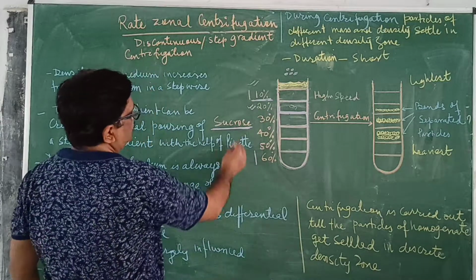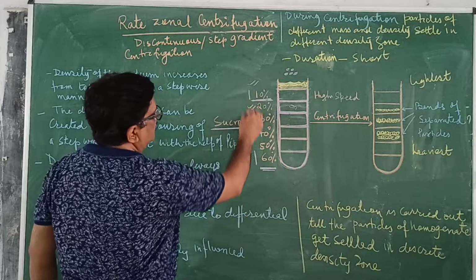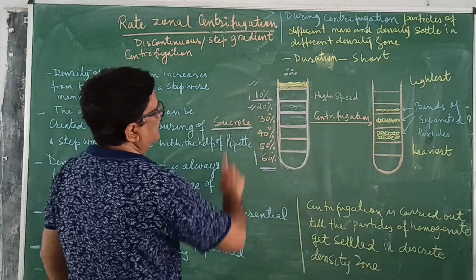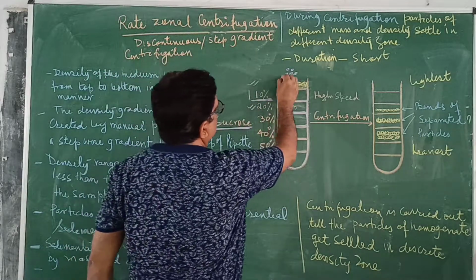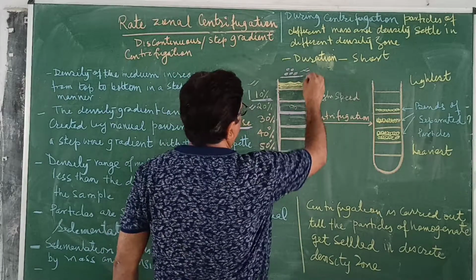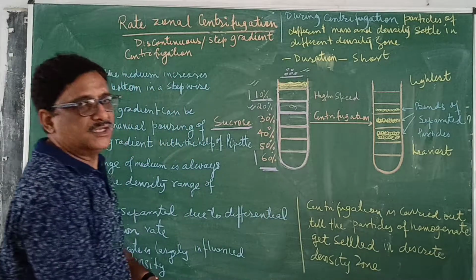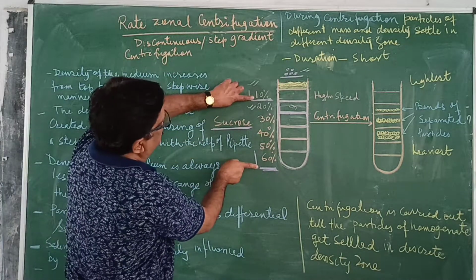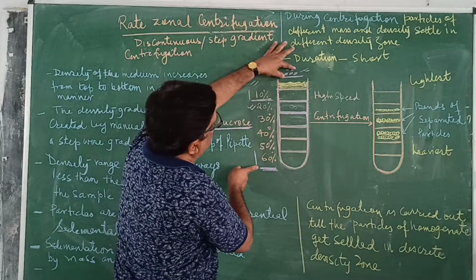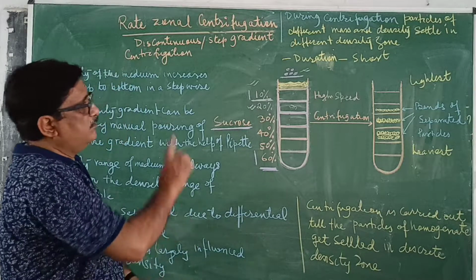Suppose we are using 10% to 60%, then this range of density should be less than the range of density of these particles. That means some of them must be heavier than this.